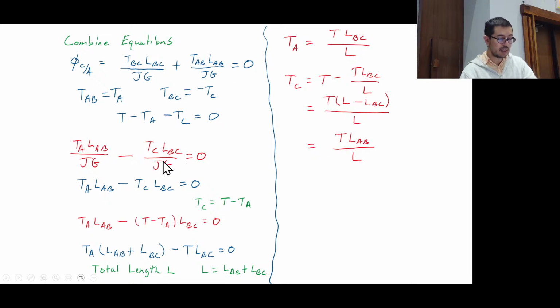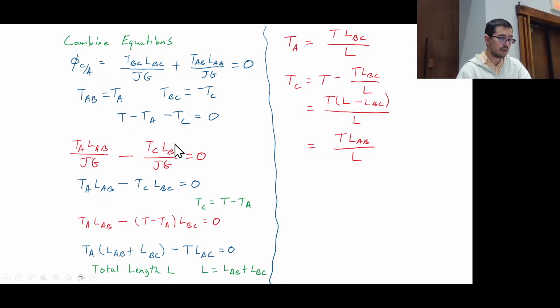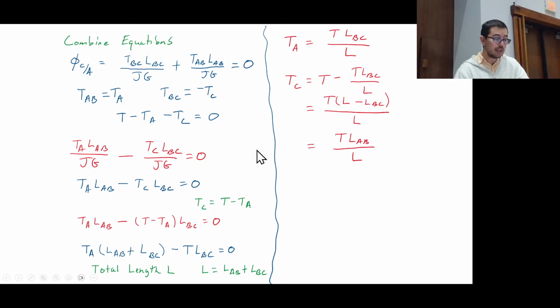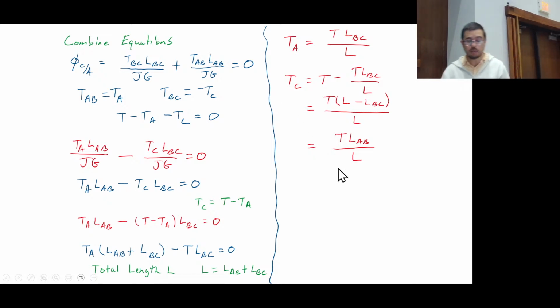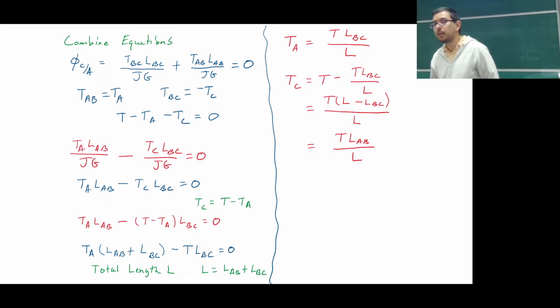And when we plug these things in together, we're going to be able to solve for either TC, TA, TBC, TAB as well, and then we can figure out what the torques on the walls are. Okay. Questions?